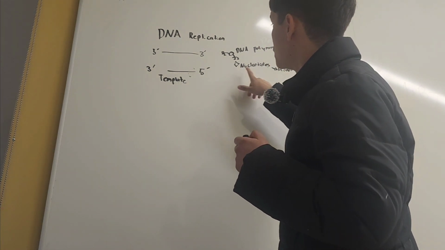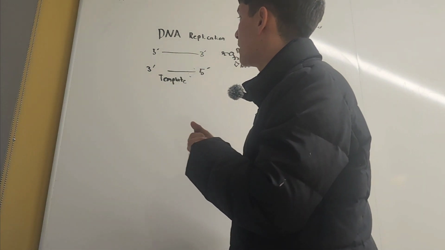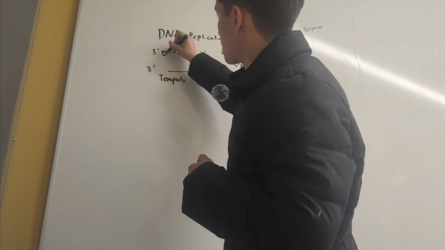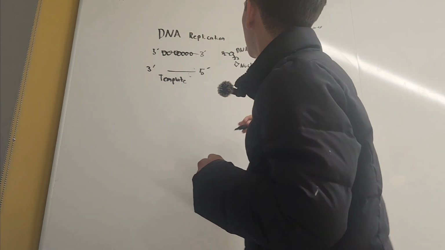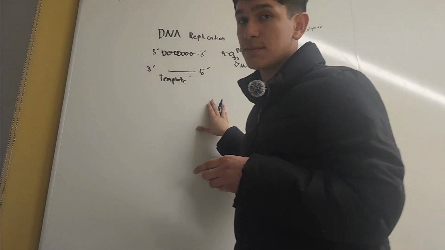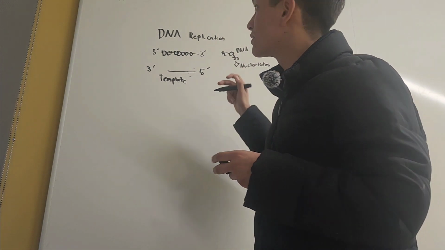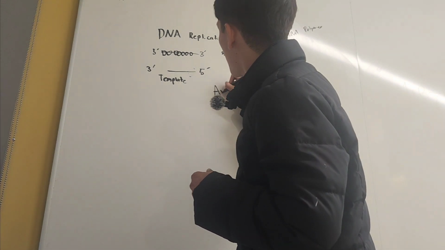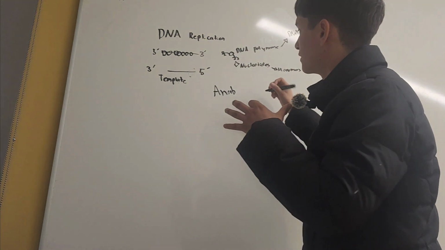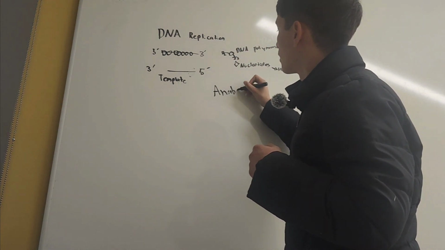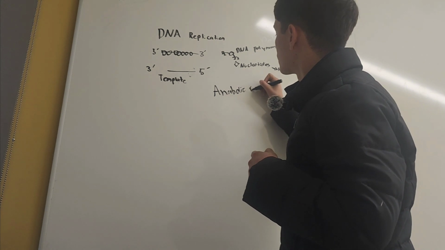So it's going to grab the new nucleotides and put them in the 5 to 3 direction. Monomer, monomer, monomer, monomer. So, is this an anabolic or catabolic reaction? Anabolic. So this part of DNA replication is an anabolic reaction.